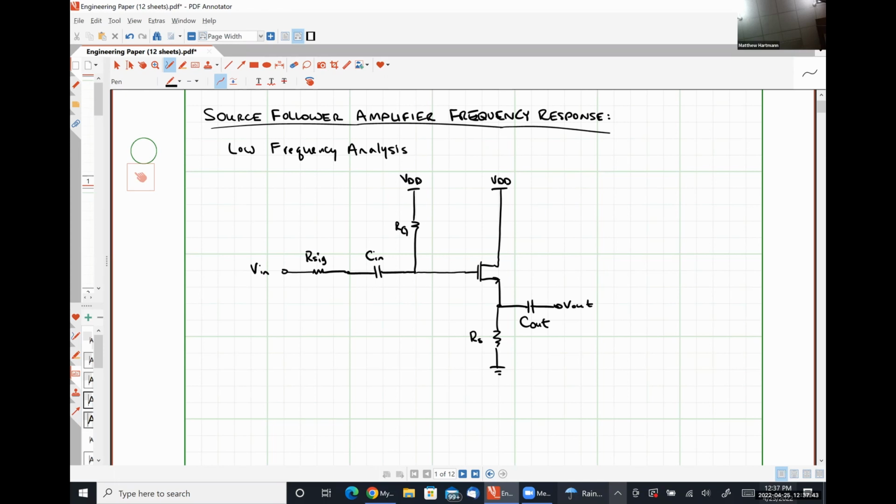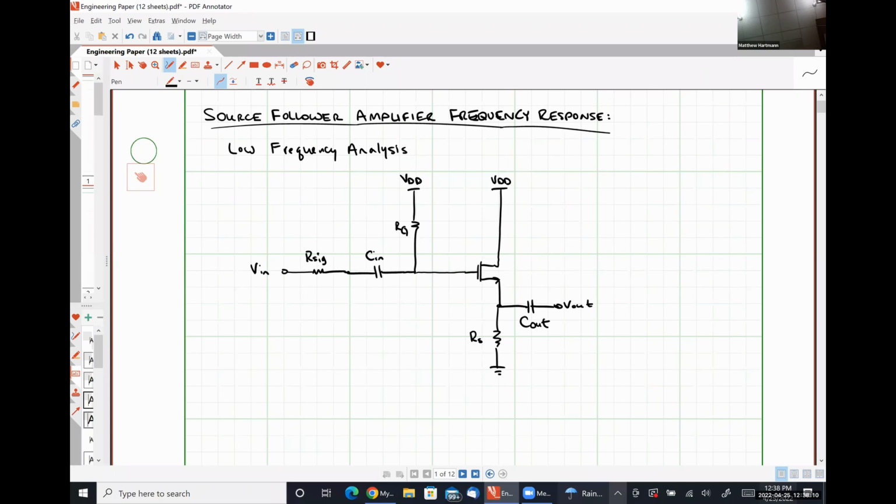So this looks extraordinarily similar to our fully biased source follower, except that, again, we have some input capacitance here, which is going to cause some sort of frequency response. And then we have an output capacitor here, which actually, as it turns out, isn't going to cause any issues because it's open circuit.